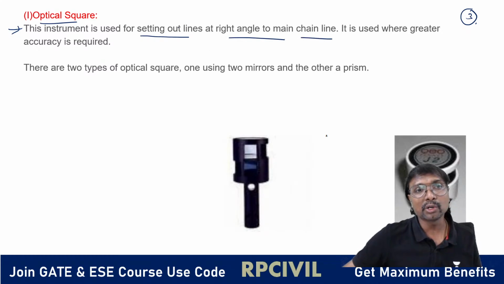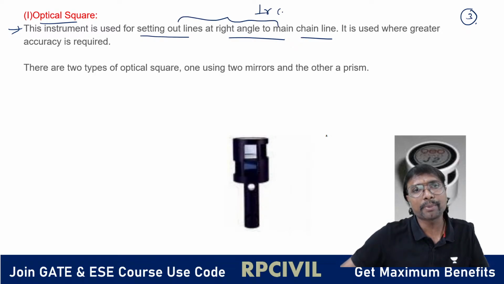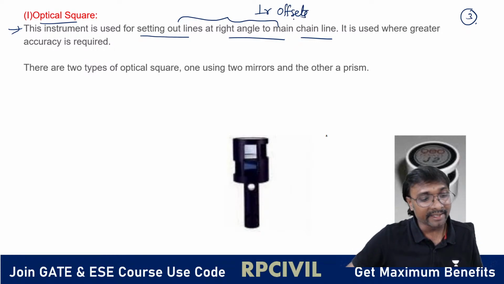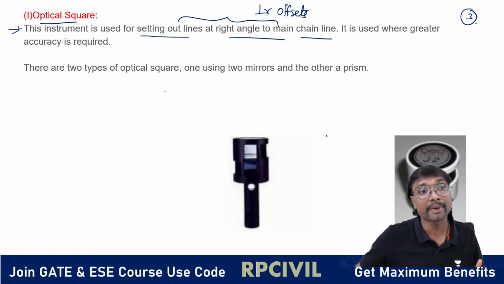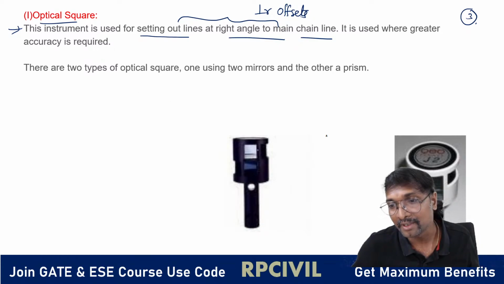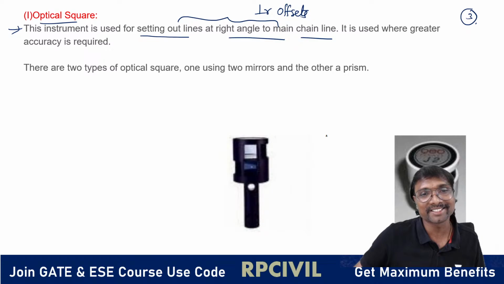Setting out lines at right angles to the main chain line means these are your perpendicular offsets. Lines perpendicular to the main chain line are nothing but your perpendicular offsets, obviously. This looks similar to the line ranger.